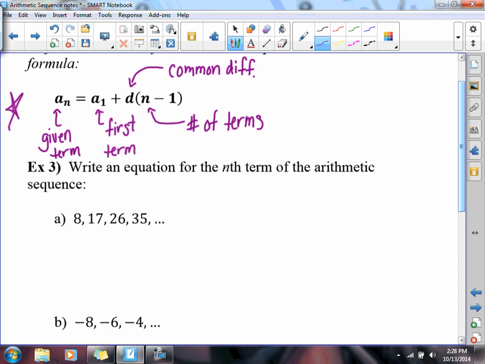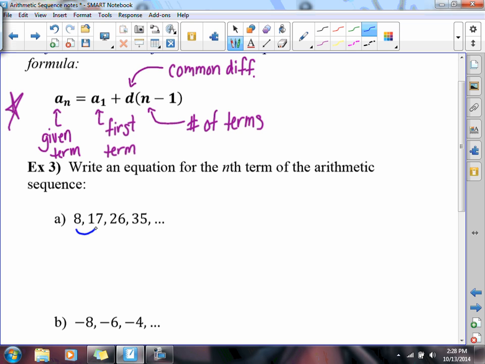So for example 3, we're going to write the equation for the nth term of a geometric sequence. Now they're always going to give you the sequence to start with. So here we have the first 4 terms of a sequence, 8, 17, 26, 35. And we're going to start off just like we did before. I'm going to ask myself, okay, what am I doing to go from 8 to 17, from left to right?